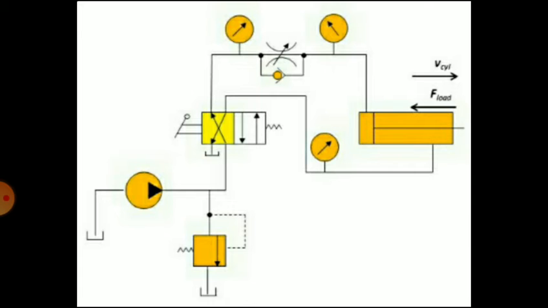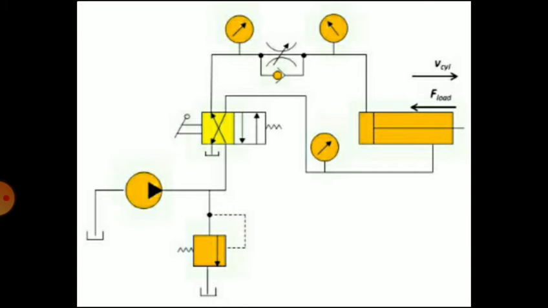The pump is connected to the piston rod end through the DC control valve, and it forces the piston in a backward direction, that is the retract stroke, and the fluid from the back end of the cylinder flows through the direction control valve into the reservoir. So this is a hydraulic system.